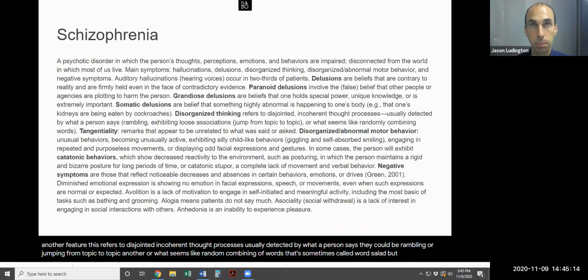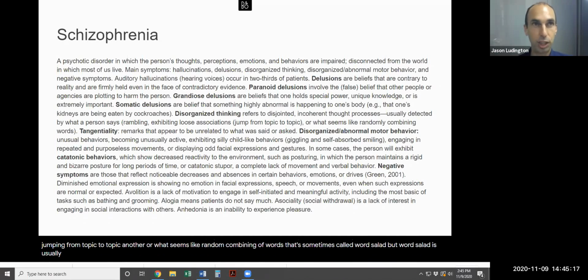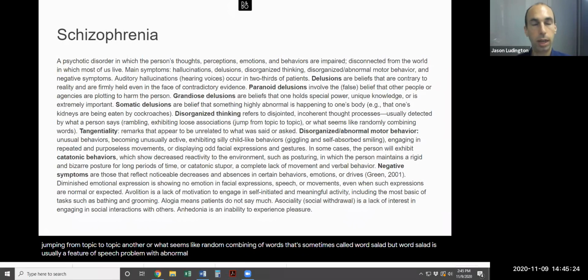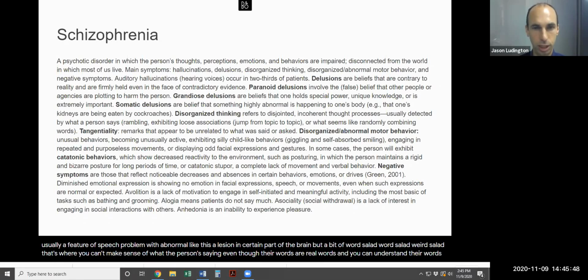But word salad is usually a feature of a speech problem with abnormal, like a lesion in a certain part of the brain. But a bit of word salad, that's where you can't make sense of what the person's saying, even though their words are real words and you can understand their words. It's just that the words don't seem to go together and make sense.